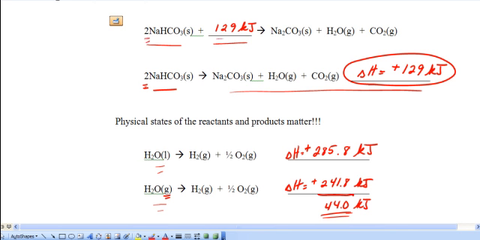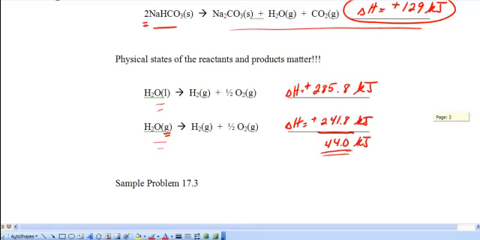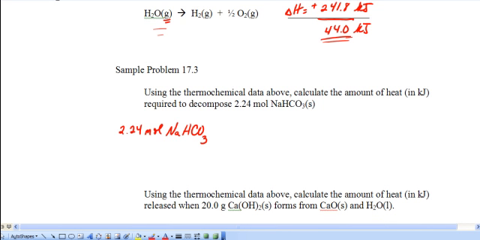2 moles of this will require 129 kilojoules. So automatically, since you're starting with 2.24 moles, you have more than the 2 moles. You should expect to require more than the 129 kilojoules. So the ratio will be 129 kilojoules of heat is needed for every 2 moles of sodium bicarbonate. It works just like a mole ratio, except in this case it's just a regular ratio of energy to moles of sodium bicarbonate.